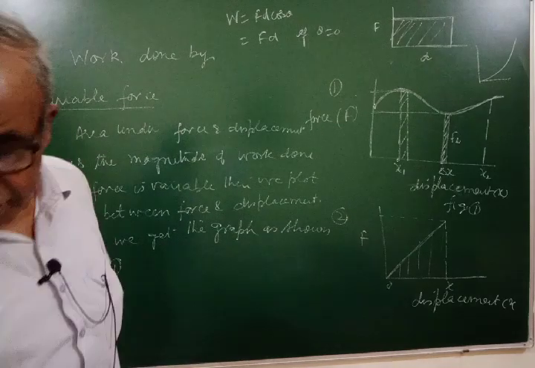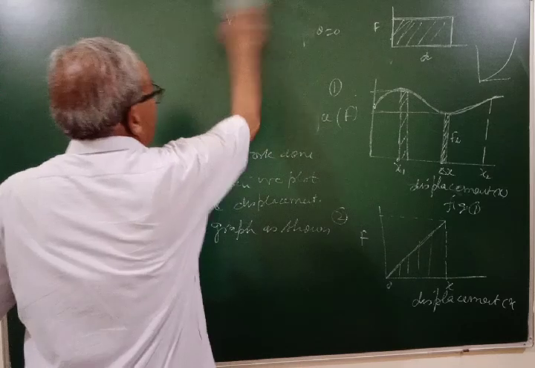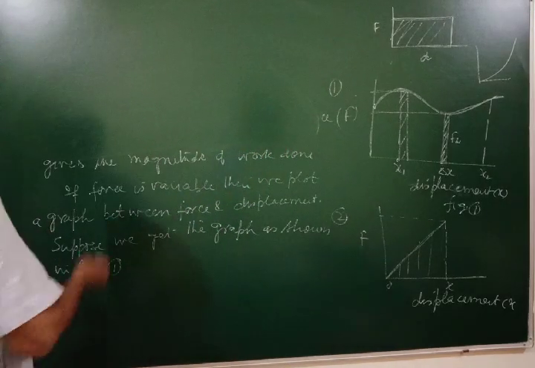So to find the area under the graph from x1 to x2, what do we do?